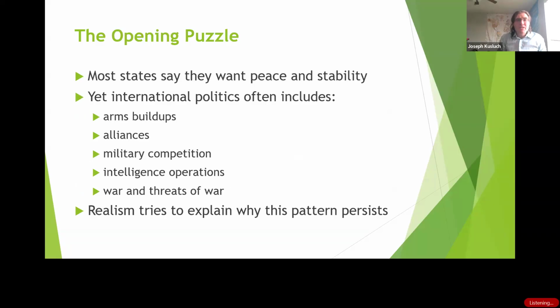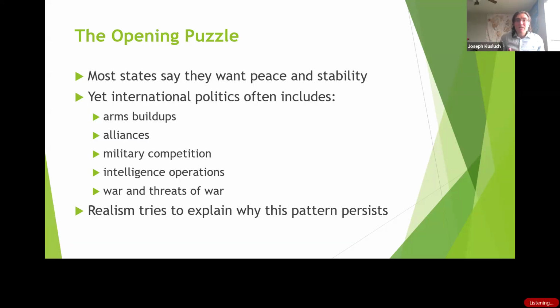Why is international politics so often marked by countries fearing each other, by competition between countries, and why is there so much conflict, even when states claim that they want peace? Most governments say they want stability. Most leaders talk about wanting security. And most countries claim that their military policies are defensive.